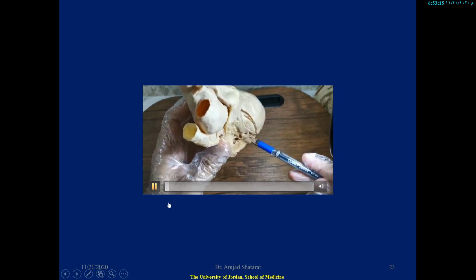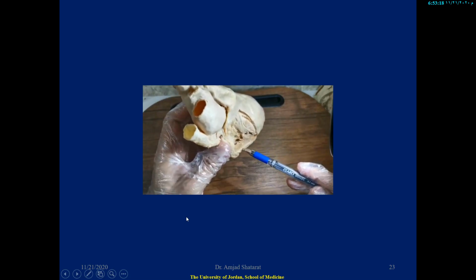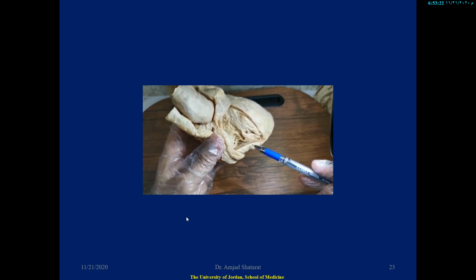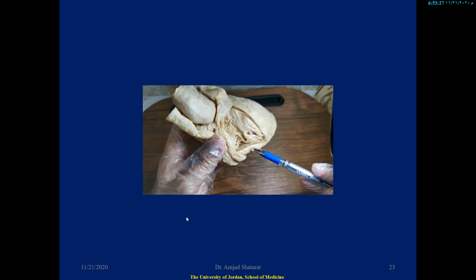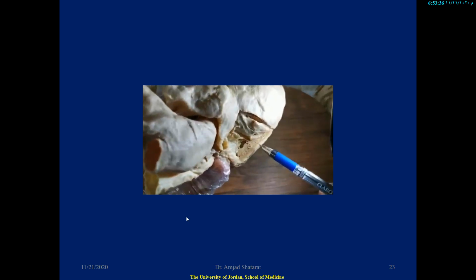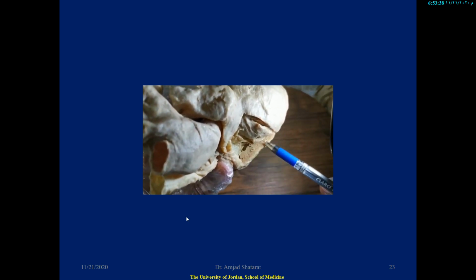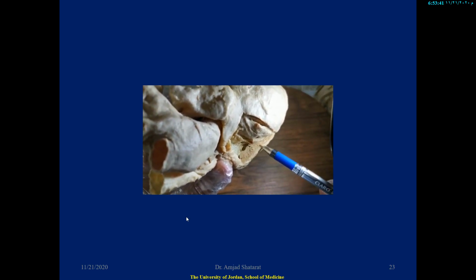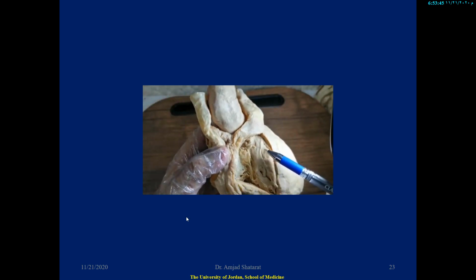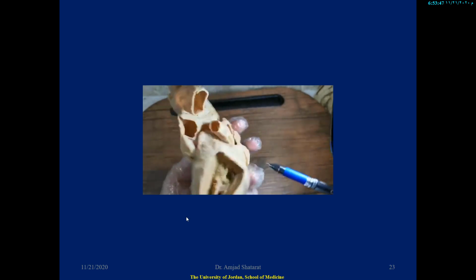The walls of the heart, as you can see, are made of, on the outside, the visceral part of the serous pericardium, which is now called the epicardium. Then, as you can see clearly, the myocardium, which is lined from inside by endothelium.